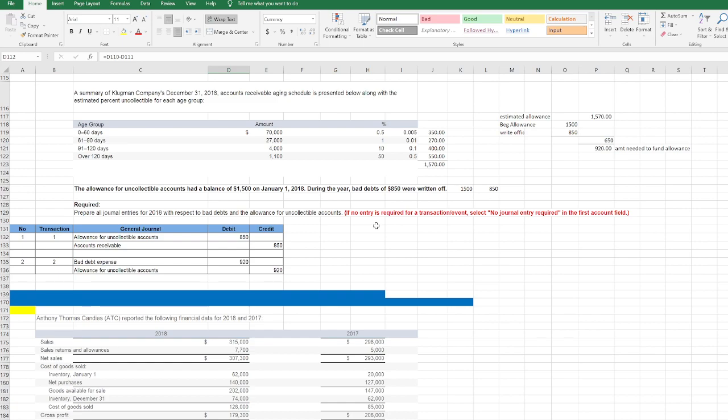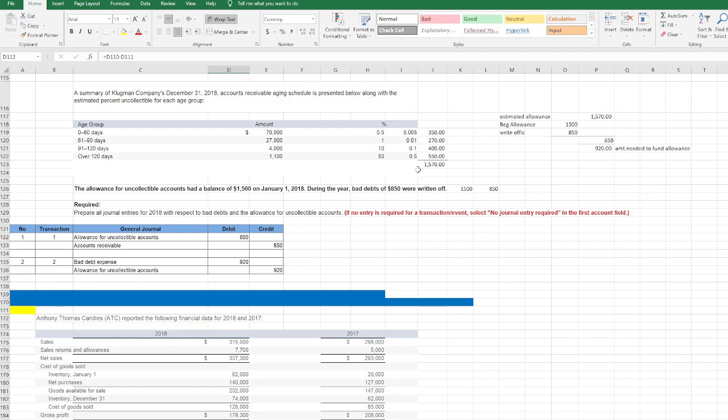Here we have a summary of Klugman's December accounts receivable aging. An aging is something we use at the credit union actually, and so we would estimate that we've got 0 to 60 days on average. So here we're going to pretend that we have a balance of 70,000, and on average we write off 0.5%.